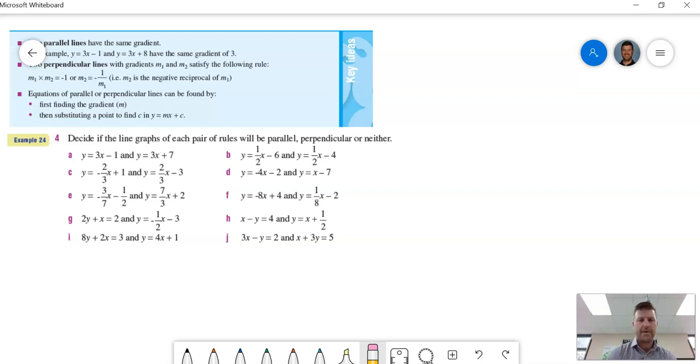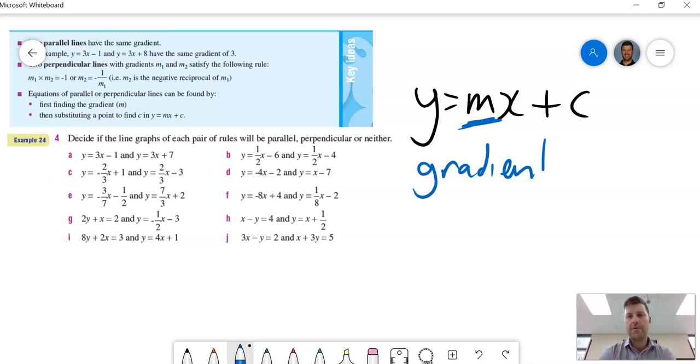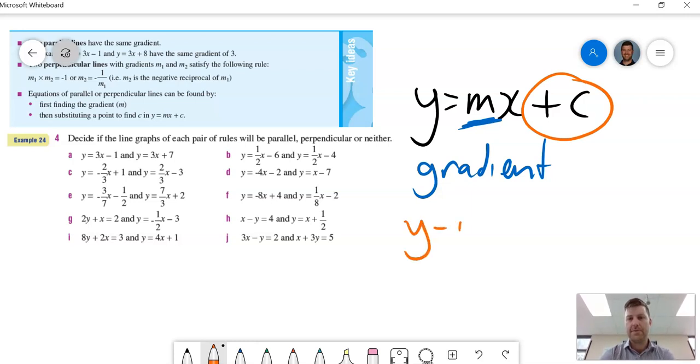Hopefully you remember back to year 9 linear equations, the gradient intercept form of a line or an equation: y equals mx plus c. Remember, m was the gradient or the slope of the line, measured as rise over run, and c was our y-intercept.